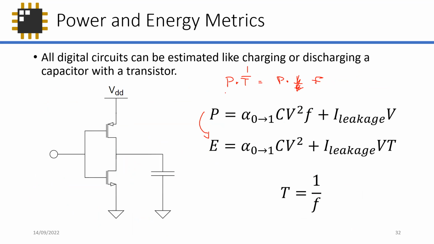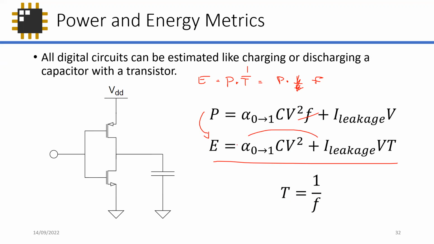Because energy is independent of time. That's how you get energy. If you do the math correctly, the period, which is 1 over f, cancels the frequency. If you take out the time component, you actually get the energy component, right?